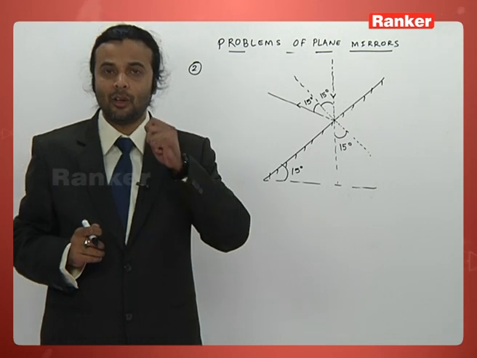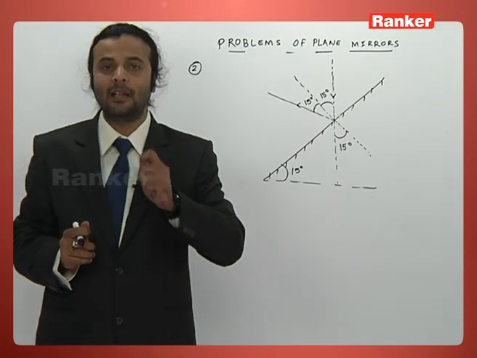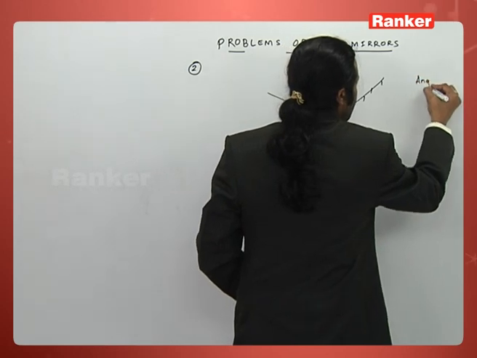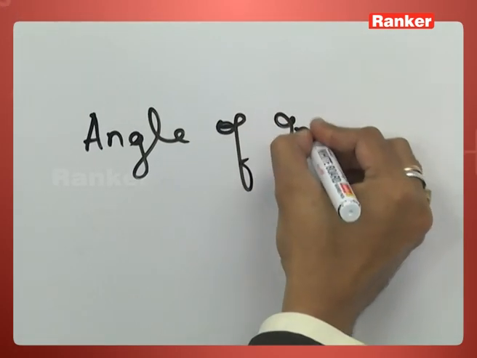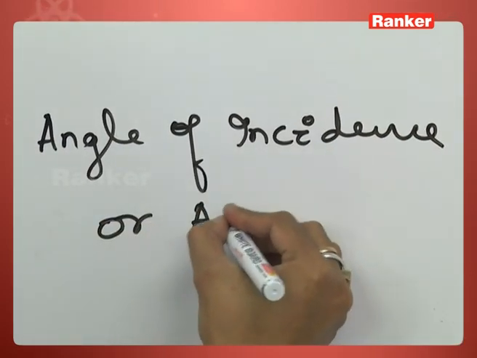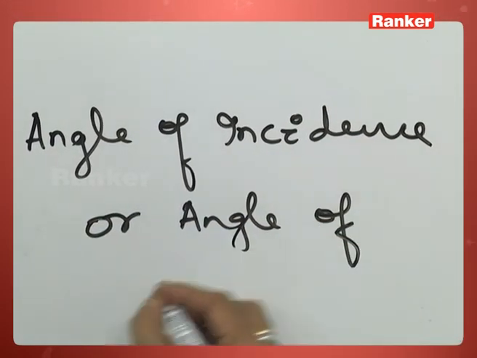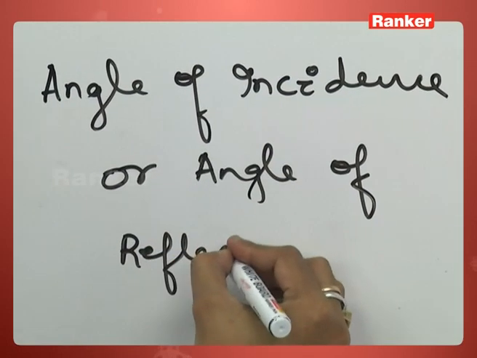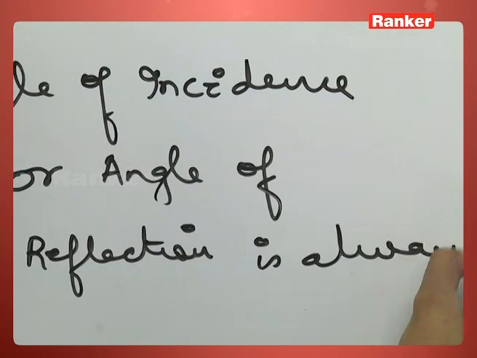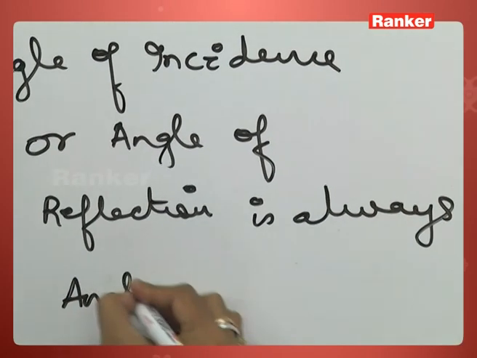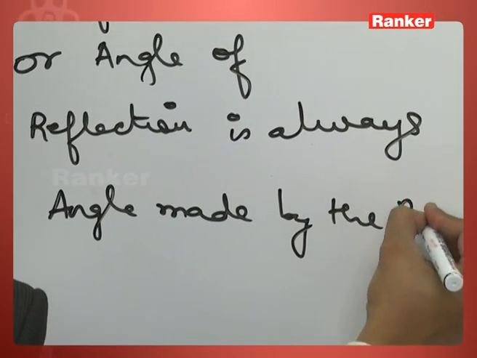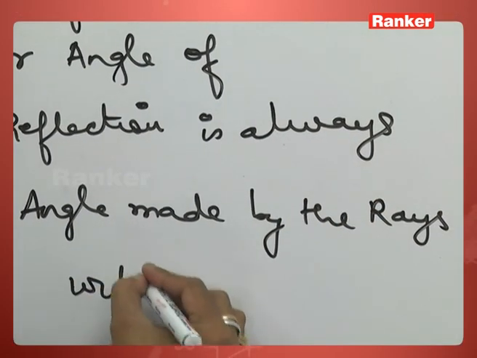Angle of incidence or angle of reflection is always the angle made by the rays with the Normal.